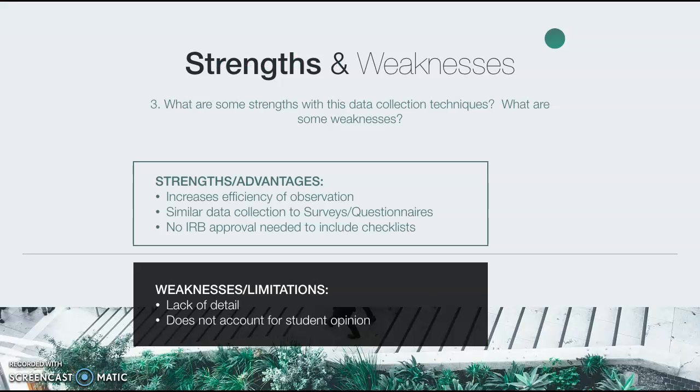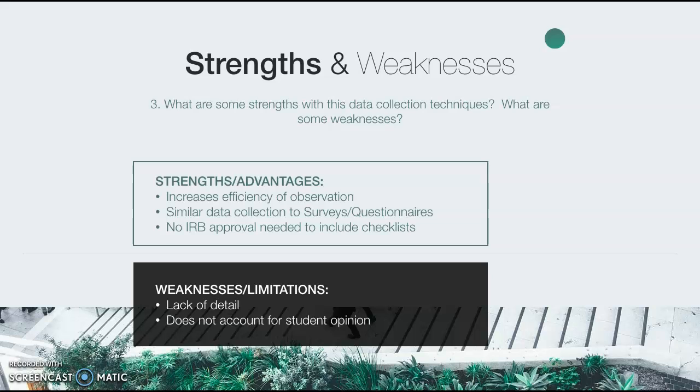Some of the strengths and weaknesses to answer question 3 of this technique. First, we're going to look at the strengths and advantages. So some of the things that I thought about or considered. Number one, they increase the efficiency of observation.